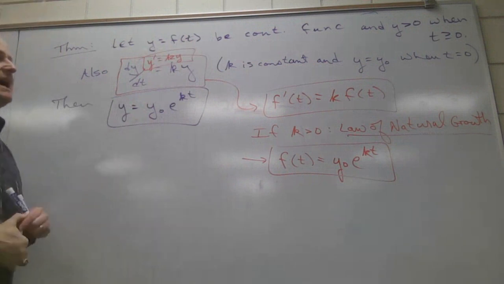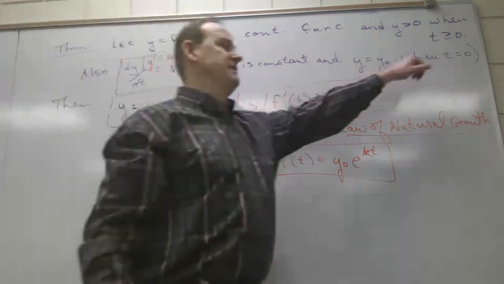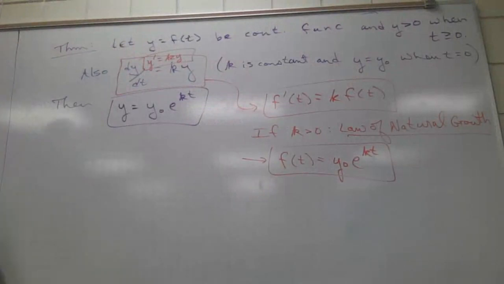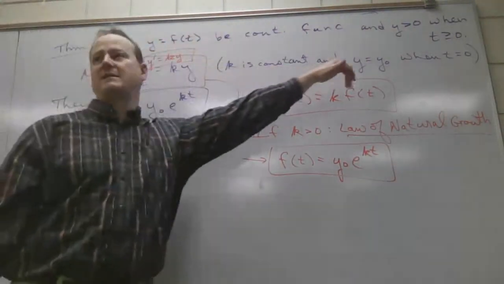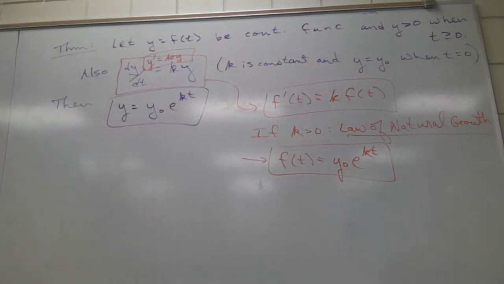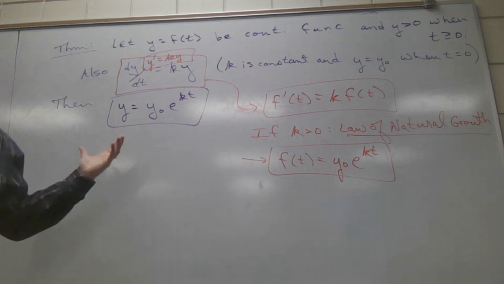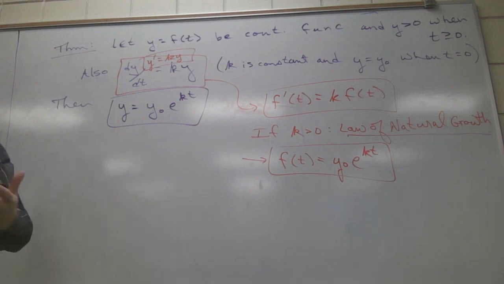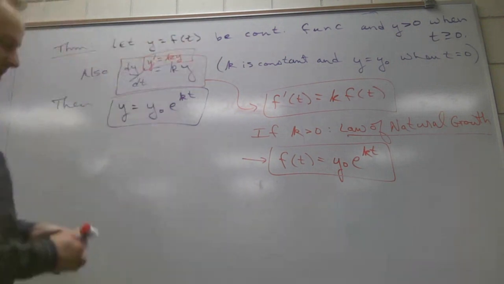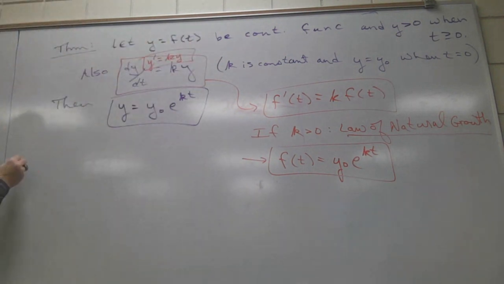All right, so we have that. So here k is a constant, and when t equals 0, we're going to just call y evaluated at 0 or f evaluated at 0 to be y sub 0. It's the initial value for your output, which is pretty obvious. It's just the y-intercept, when t is 0. Time always goes on the x-axis, right?